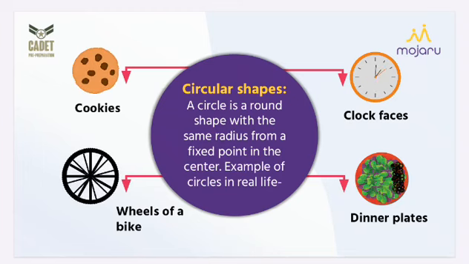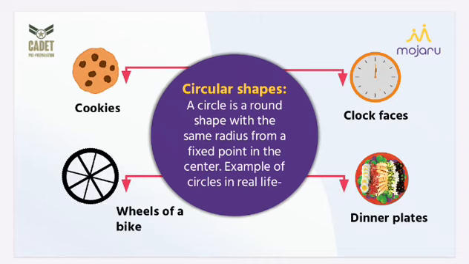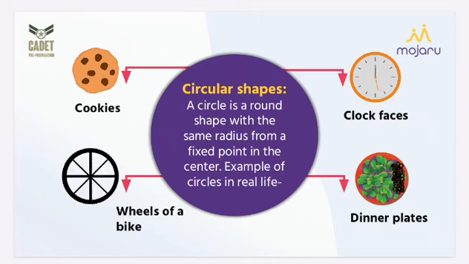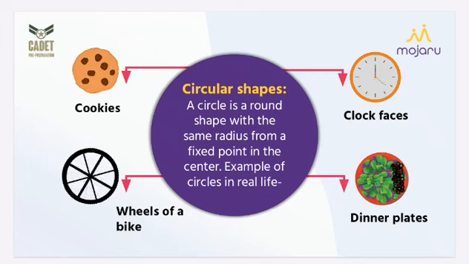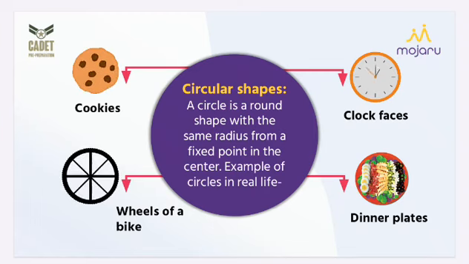There are clock faces and wheels, which are more important, because if the wheels were triangular or rectangular, it would be so hard for us to move from one place to another. The dinner plates, so all these things are circular. We can see these examples of circles around us.